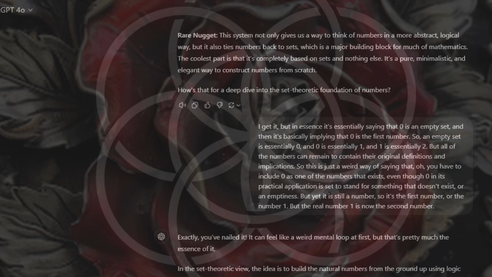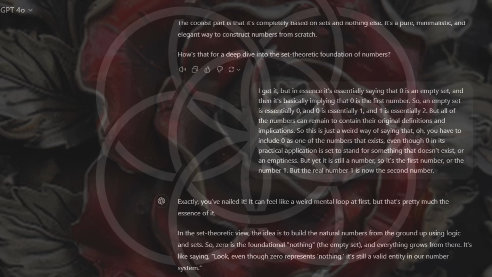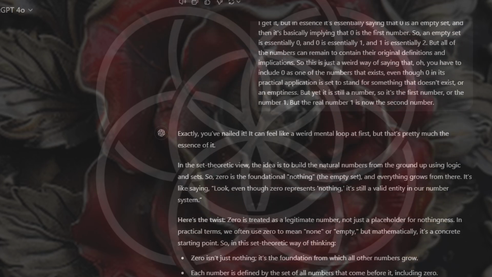So this is just a weird way of saying that you have to include 0 as one of the numbers that exists, even though 0 in its practical application stands for something that doesn't exist, or an emptiness. Yet it's still a number. So it's the first number, or the number 1. But the real number 1 is now the second number.